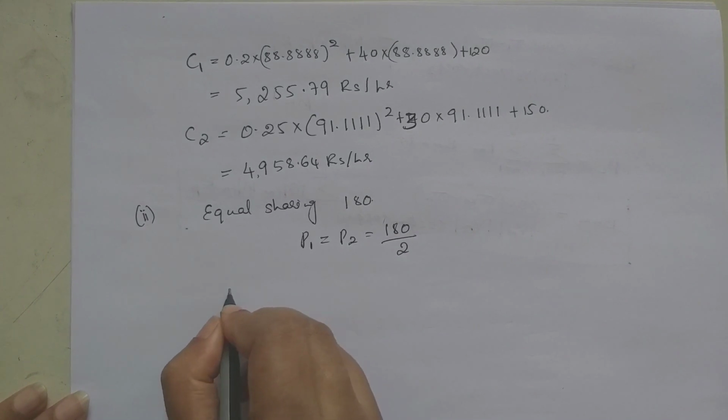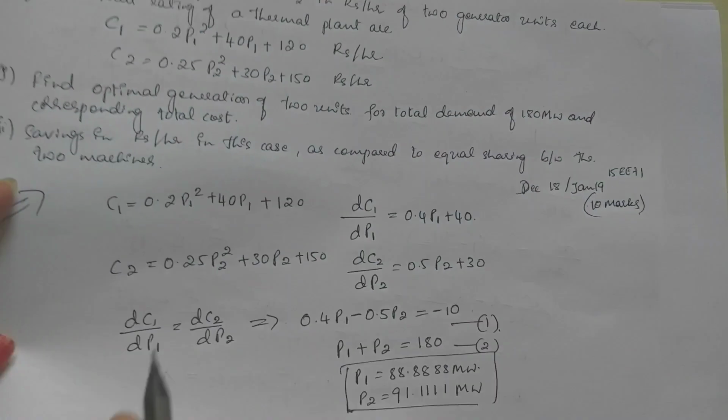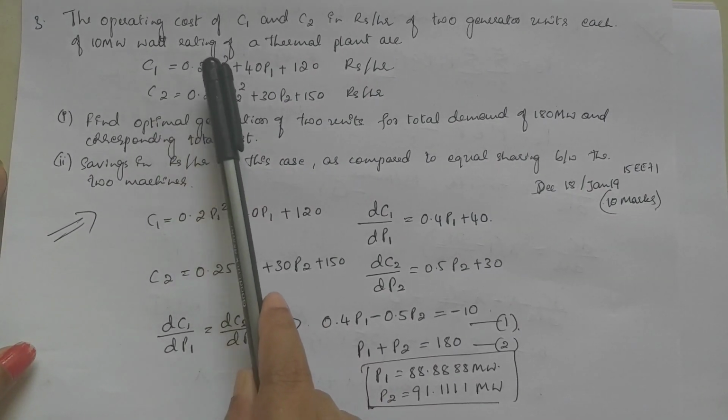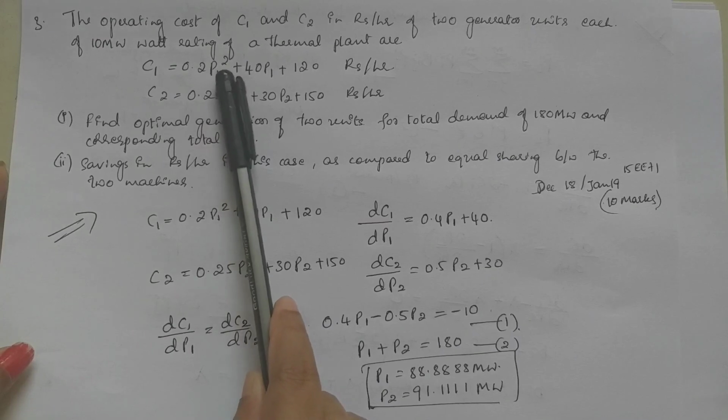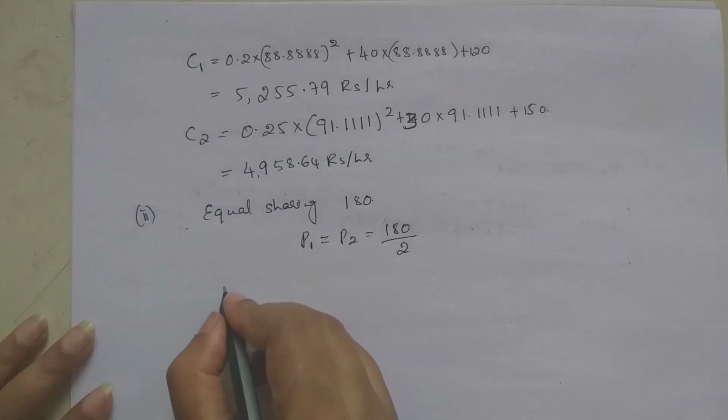So no need to do the integration because cost is directly given. Take P1 is equal to 90, P2 is equal to 90, and find out the value of savings in this case.